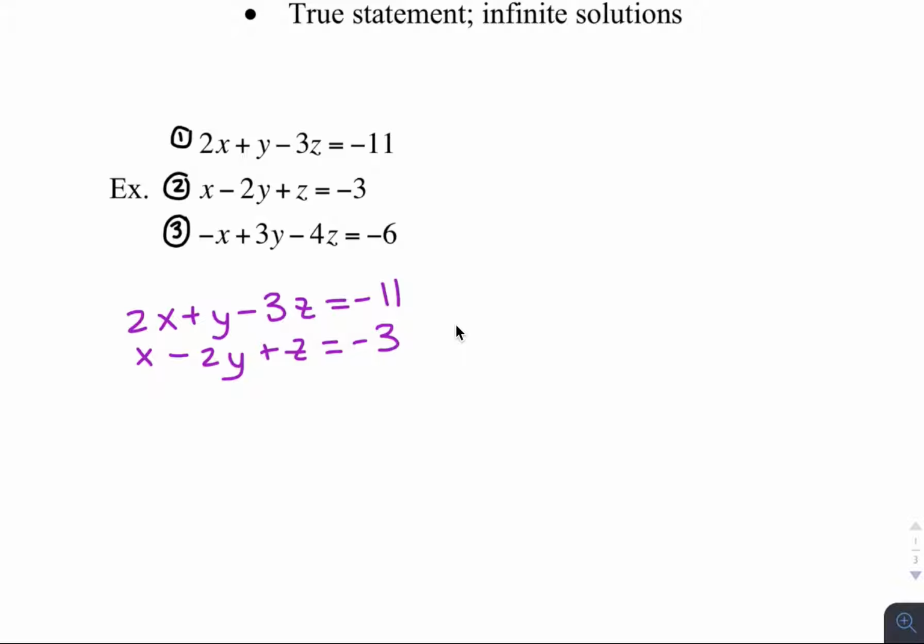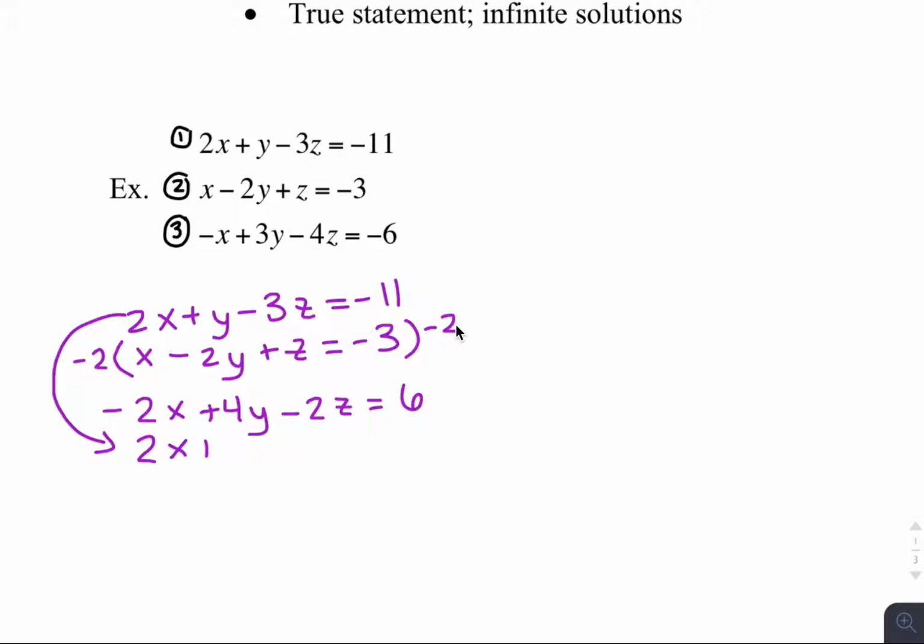If we want to eliminate the x's, I need to multiply this second equation by negative 2. This leaves me with negative 2x plus 4y minus 2z equals a positive 6. Then I'm going to go ahead and rewrite this equation below it so it's easier to add. 2x plus y minus 3z equals negative 11.